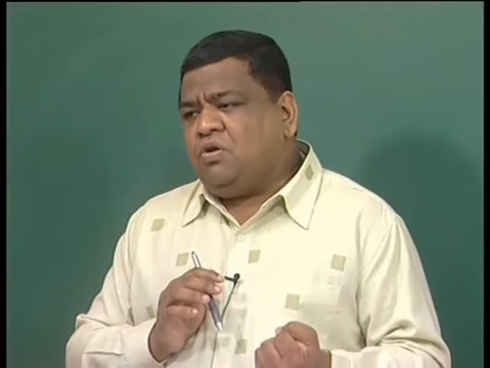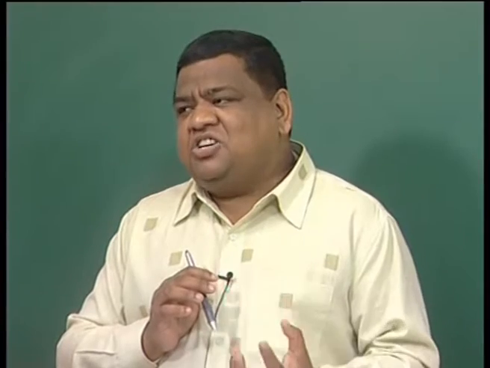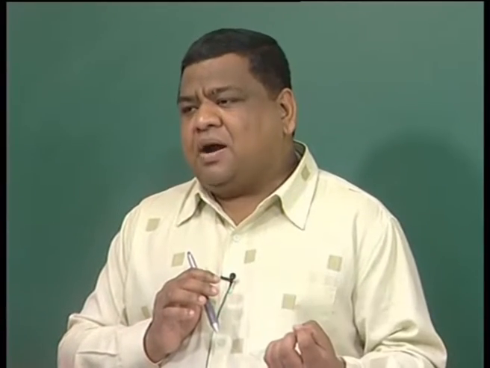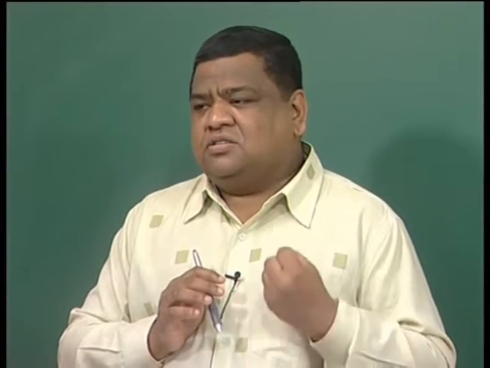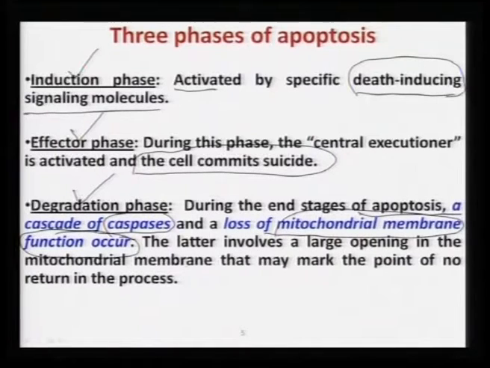Now, at any instance, if the mitochondrial membrane does not function, then what will happen? The mitochondria will not be able to produce the energy required for that particular cell, and therefore it can lead to the cell death process. Clear?